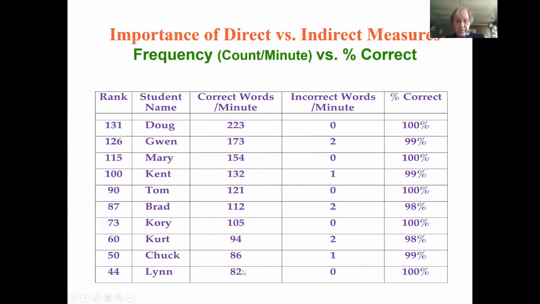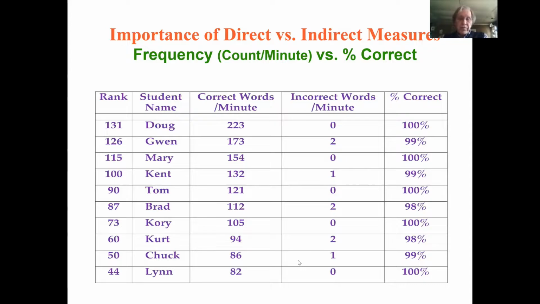Another important variable is if you take someone like Lynn, who's reading 82 and 0, if she starts to read like Doug at 22, 23 and 0, if you live in the percent world, you would not see that change because she'd still be at 100%. So that's another important aspect of making sure that we have maximum information to inform our decision making.